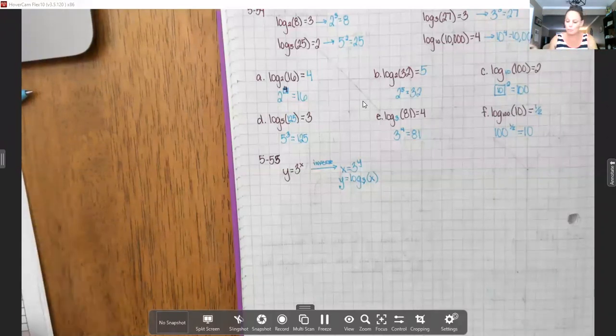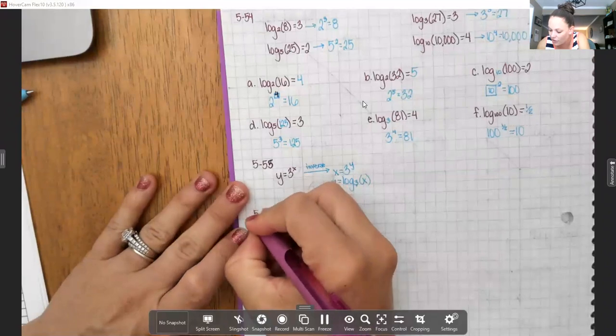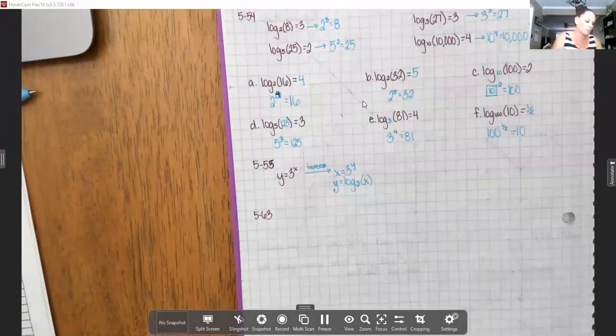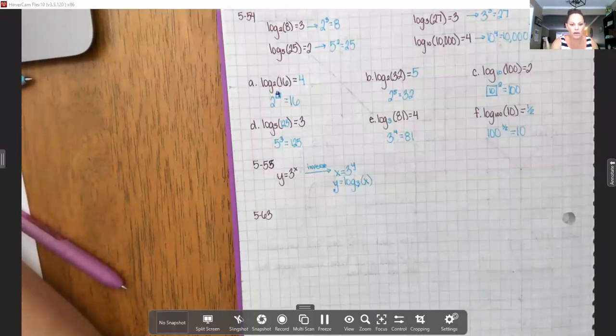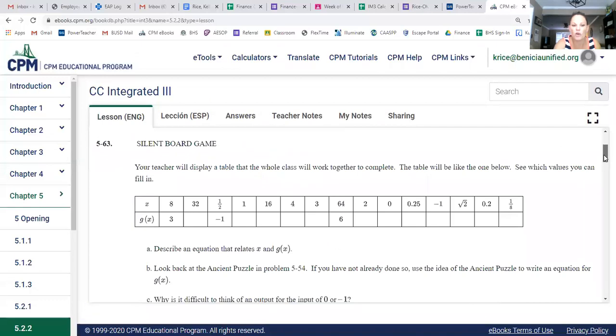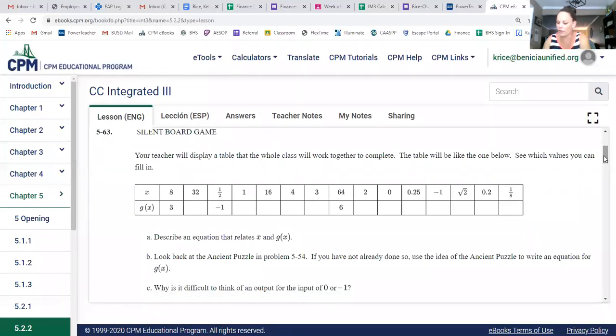All right, so we're moving on to 5-63, which is going to continue working on these logs. So let me share the book with you so you can copy that table down. You're going to copy this table down.